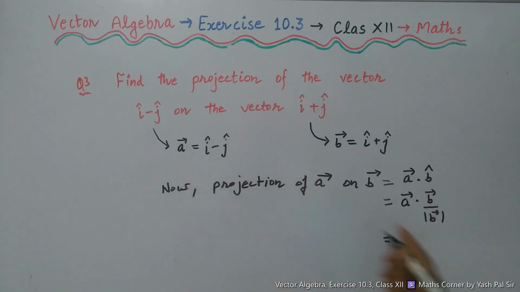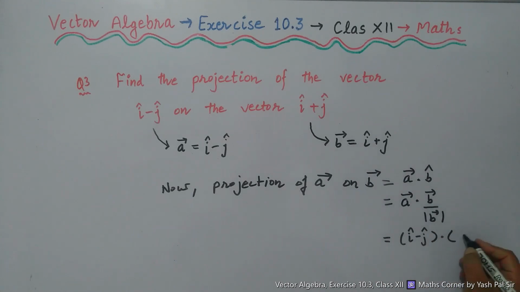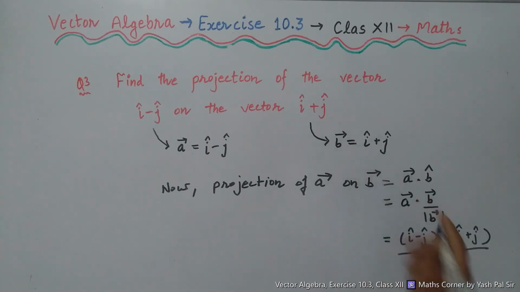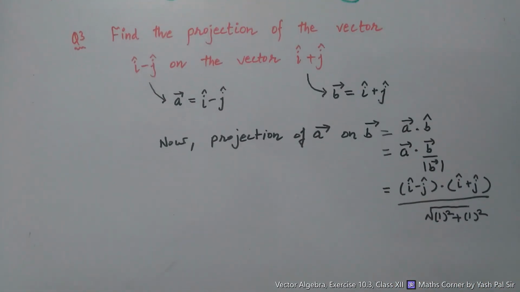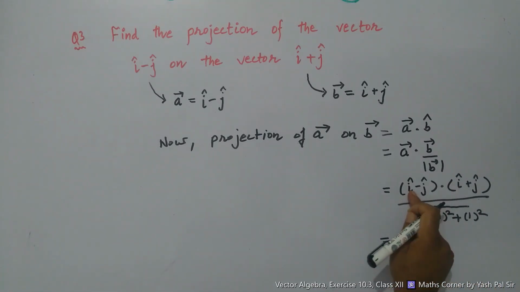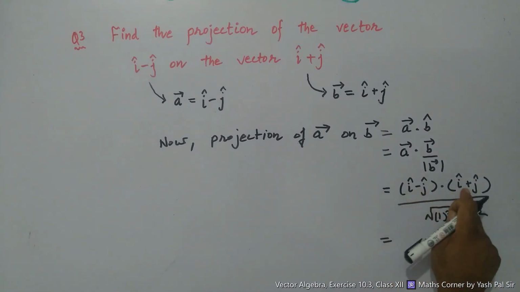what is vector A? This is i minus j dot, what is vector B? This is i plus j divided by the magnitude of vector B, square root of the coefficient of i component is 1, its whole square, plus the coefficient of j is 1, its whole square. So this way we have i coefficient 1, i coefficient 1.